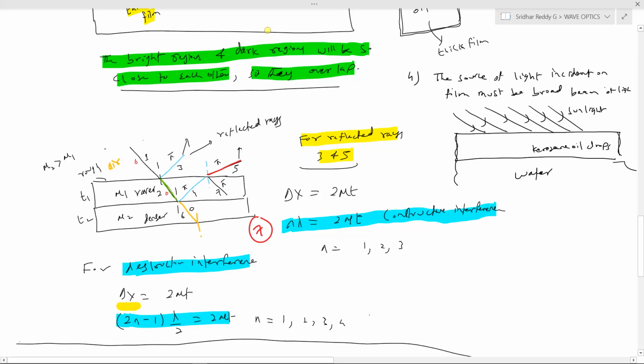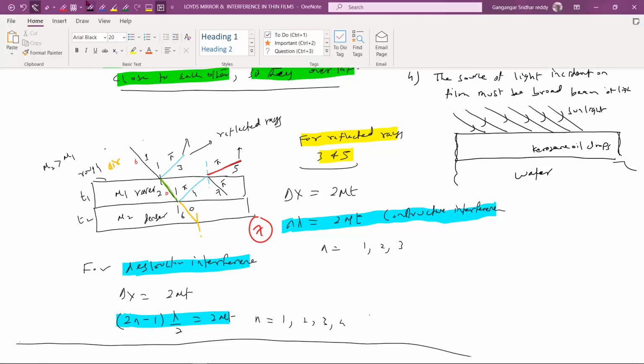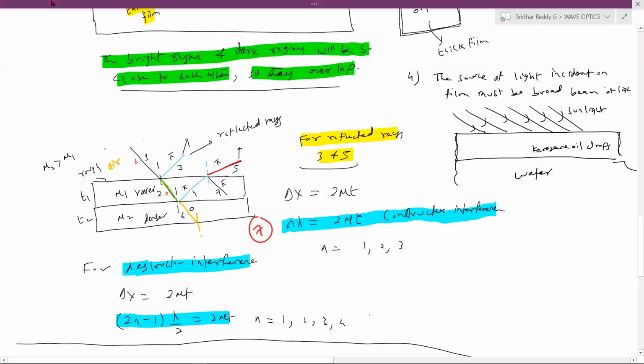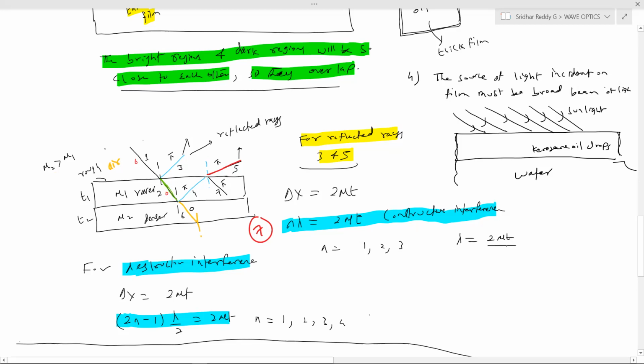Those wavelengths which will satisfy this equation will undergo constructive interference. Those wavelengths which will satisfy this other equation will undergo destructive interference.